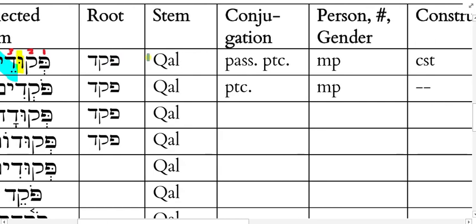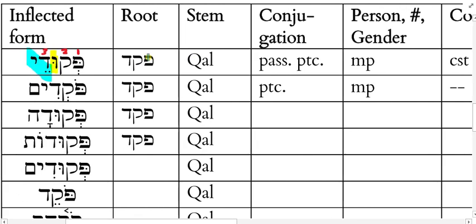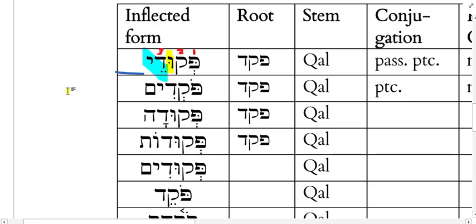Masculine plural and construct. So that means that if I were to see this in real life, I would usually see immediately following pequde a noun, because this would be noun number 1 in the construct followed by noun number 2. Something like pequde ha'ir, let's just say ha-ir, the city. What would that mean? The appointed ones of the city.